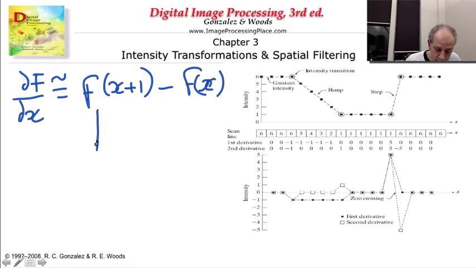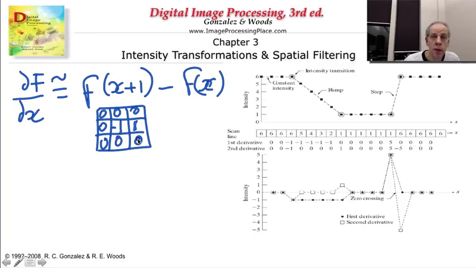If I want to write the neighborhood operation, let's say in a 3x3, that will mean f at x plus 1, I have a 1 here, minus f at x, I have a minus 1 here, and every place else is 0. So that's basically how I represent that. I get a one-dimensional derivative in the x direction. Similarly, I can get a one-dimensional derivative in the y direction.